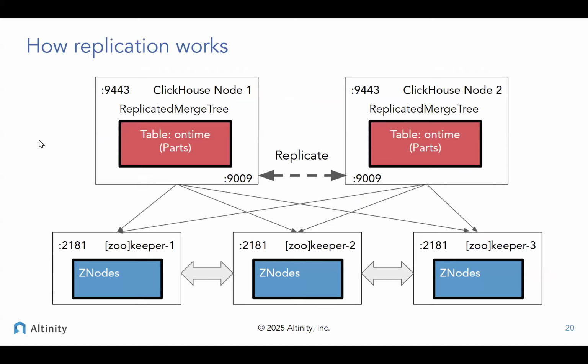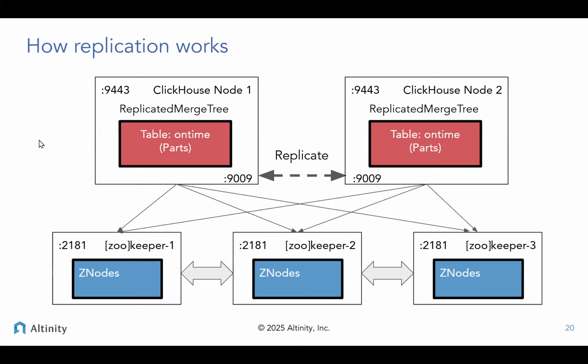So how does replication actually work? Here's an example of a couple of tables running on different servers. We're tracking the on-time table, and these are replicas. If somebody inserts something into one of the tables, Zookeeper is going to track the fact that there are one or more new parts inserted into the table.